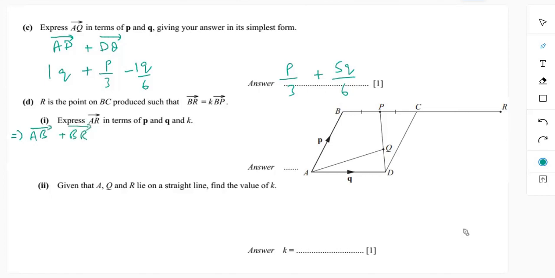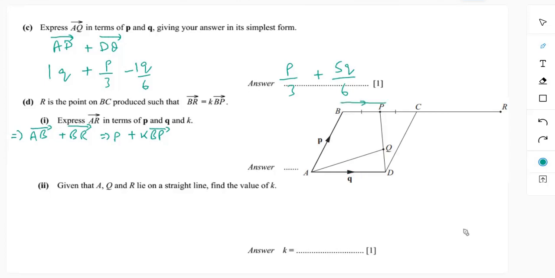Now AB we know, that's just P. So AB is just P. What about BR? BR is K times BP. So you can say this is K times BP. Now what is BP? If this is Q, we already figured that out before. P is the midpoint of BC.